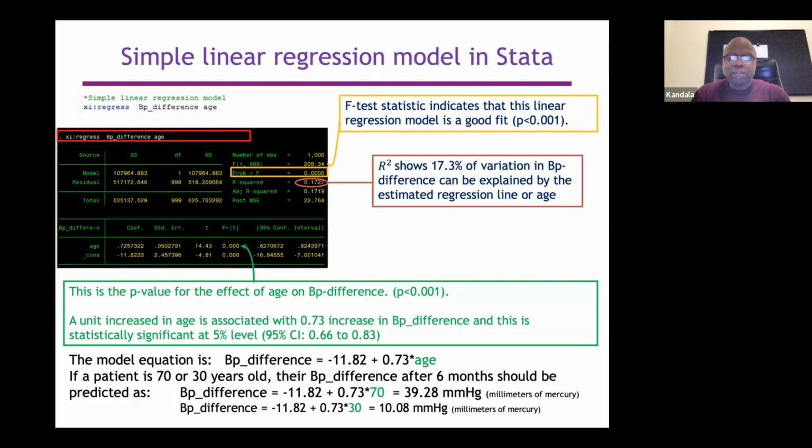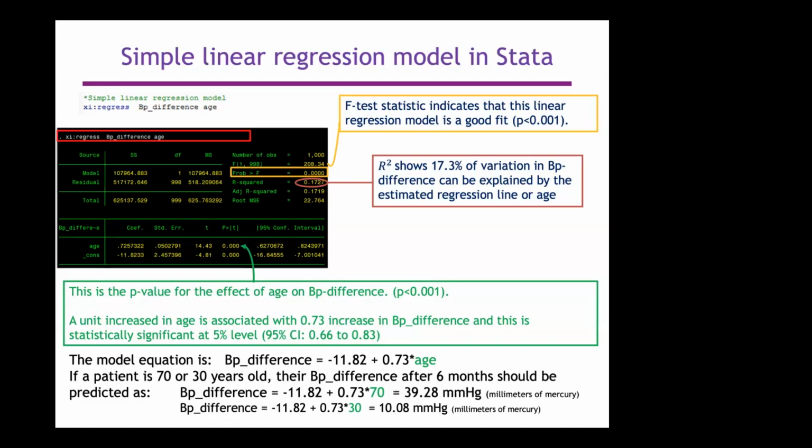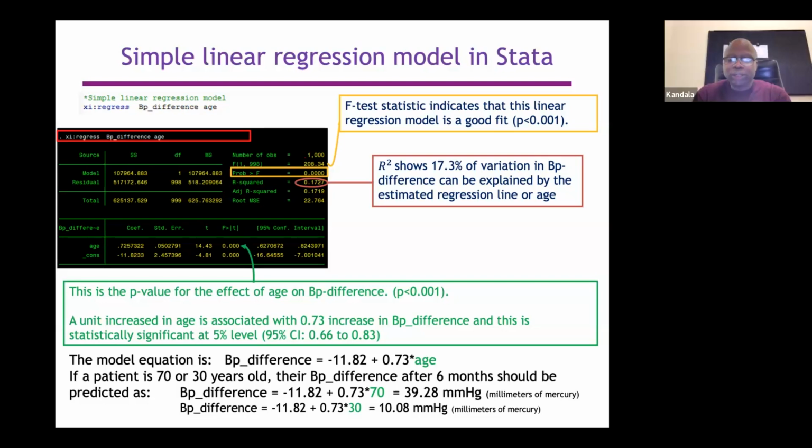In our last example, looking at the difference between blood pressure and age, the model, although a good one, shows that age can only explain 17% of the variation we see in blood pressure difference. One colleague mentioned that this is not ultimate because we are missing almost more than 80% of the variation.